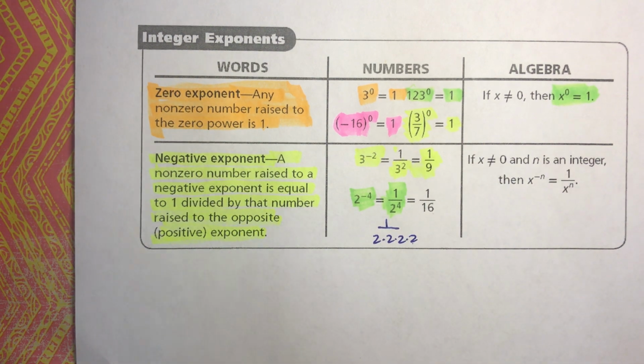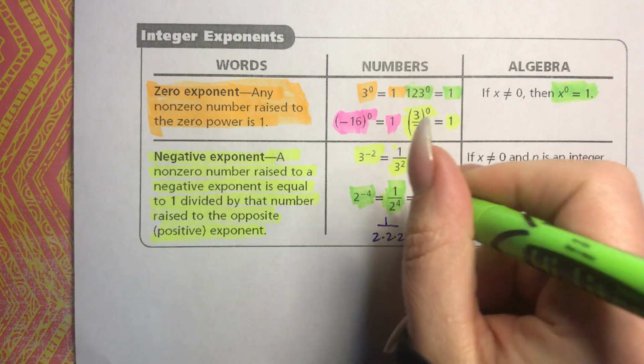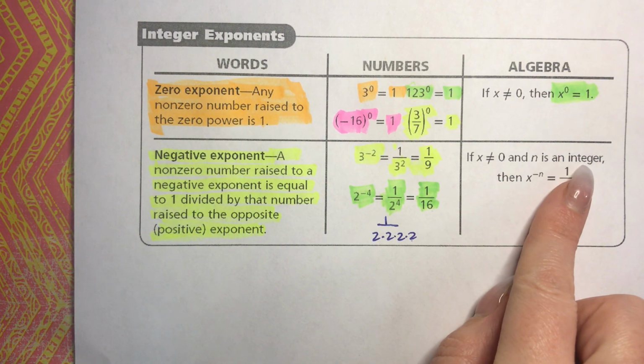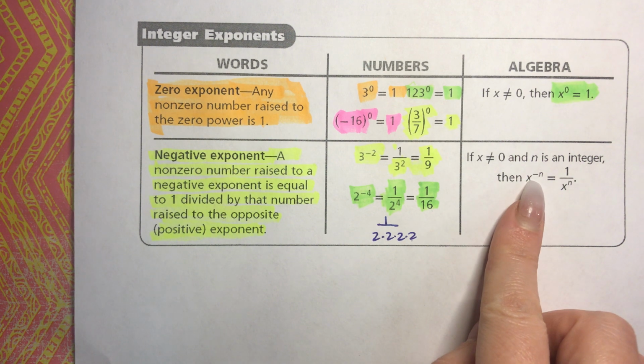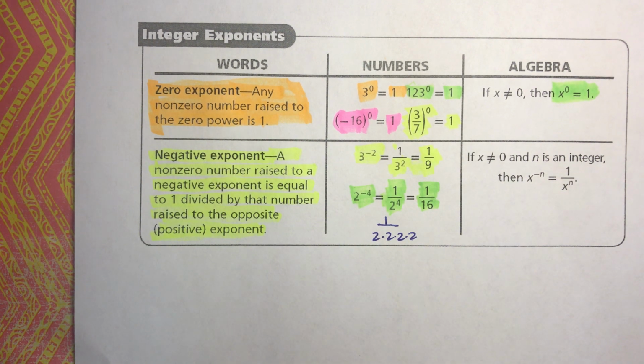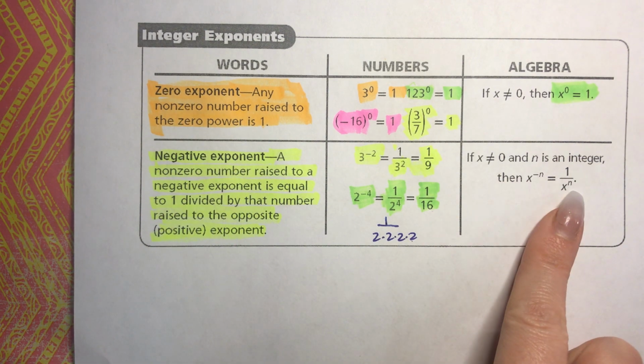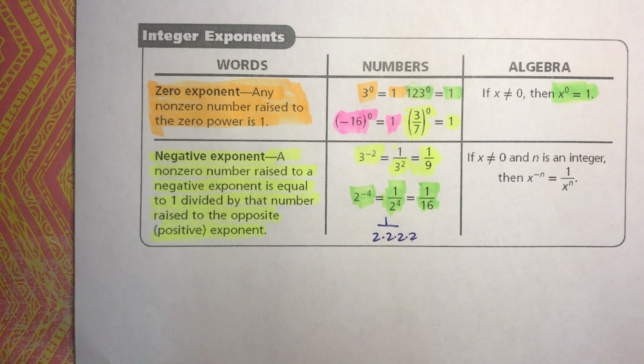So boom. There you have it. So it says, if x is not equal to 0 and n is an integer, then x to the negative n power is equal to 1 over the same thing, but now n is positive.